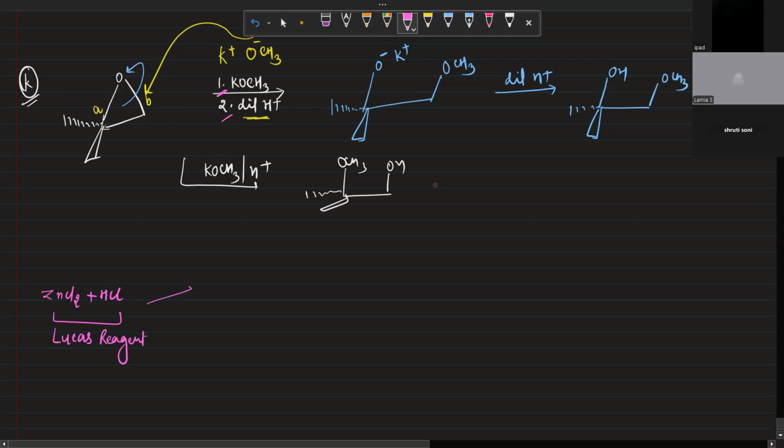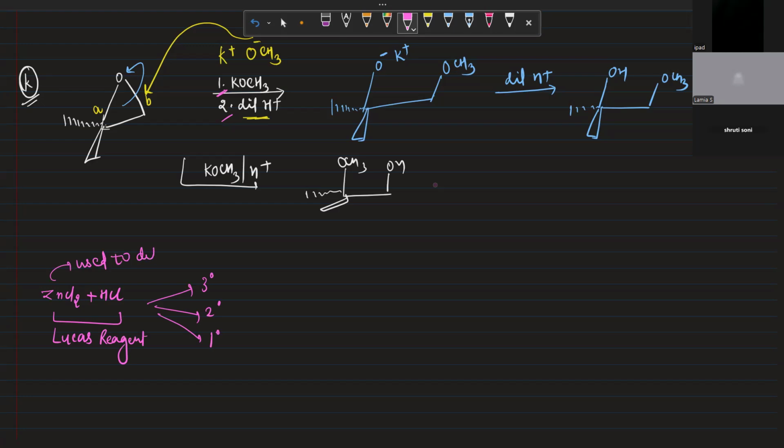It is used to differentiate 3-degree alcohol, 2-degree alcohol, and 1-degree alcohol.